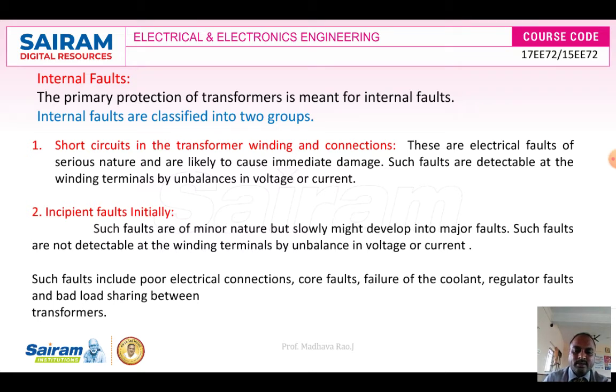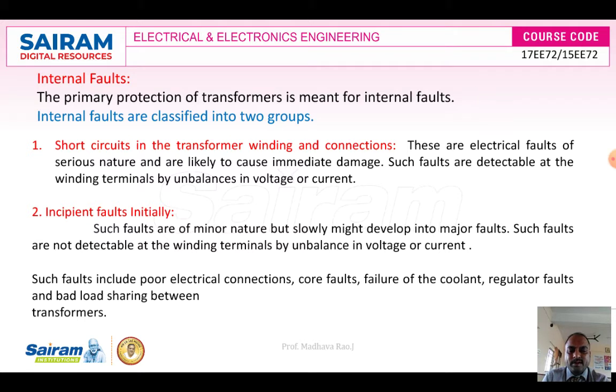Such faults include improper electrical connections, loose contacts and loose connections. Next are core faults and failure of the coolant. If the coolant fails, the transformer gets heated, and due to the heat the windings will short circuit and give a major fault.